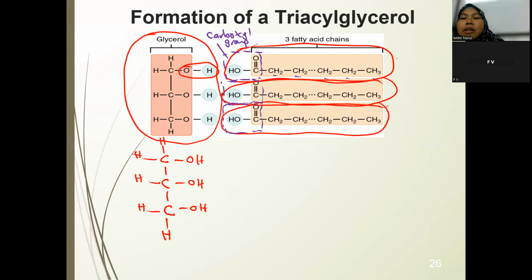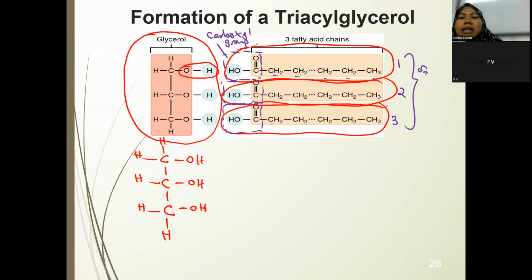Okay, now look at fatty acid number 1, fatty acid number 2, and fatty acid number 3. Are they the same kind? Cuba tengok betul-betul. Sama ke tak sama jenis? CH2, CH2, CH2, CH2, sama tak? These 3 fatty acid are all the same kind. So tulis dalam nota you all.